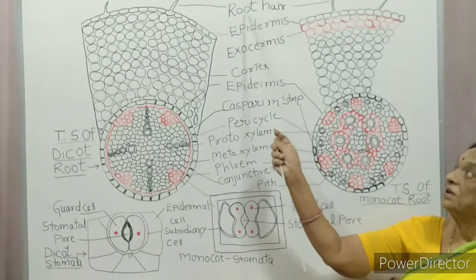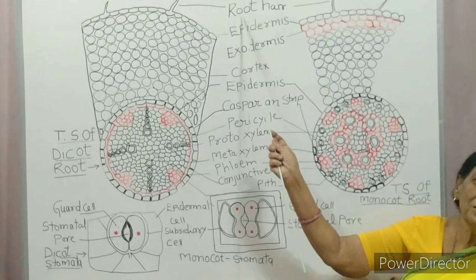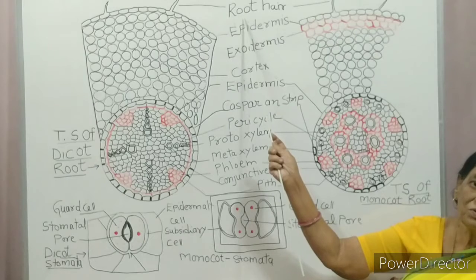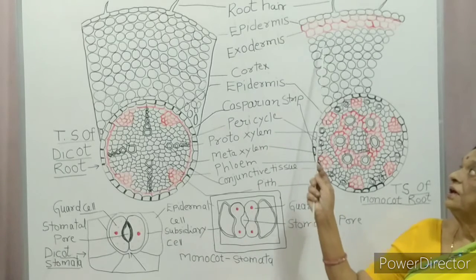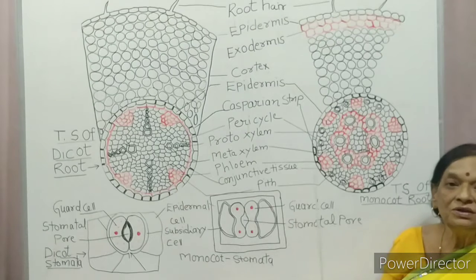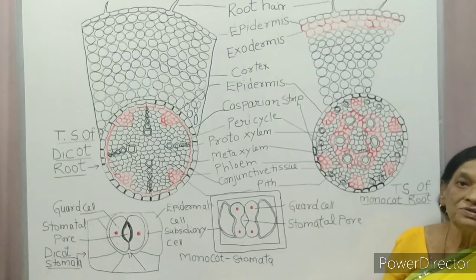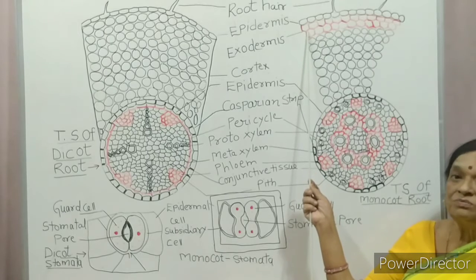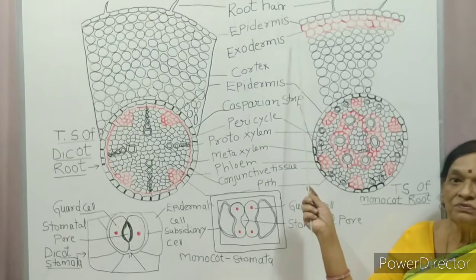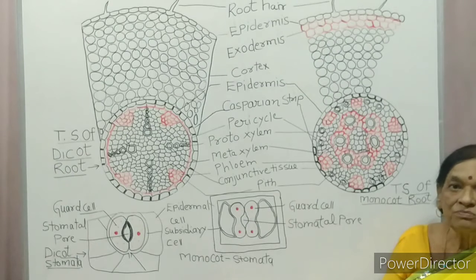Then what is in monocot root? Because it is a root, it has unicellular root hair for easy transport of water. Then exodermis in some roots, because roots grow in between soil particles, epidermis gets ruptured and the place of epidermis is taken by exodermis. It is made up of sclerenchyma cells.